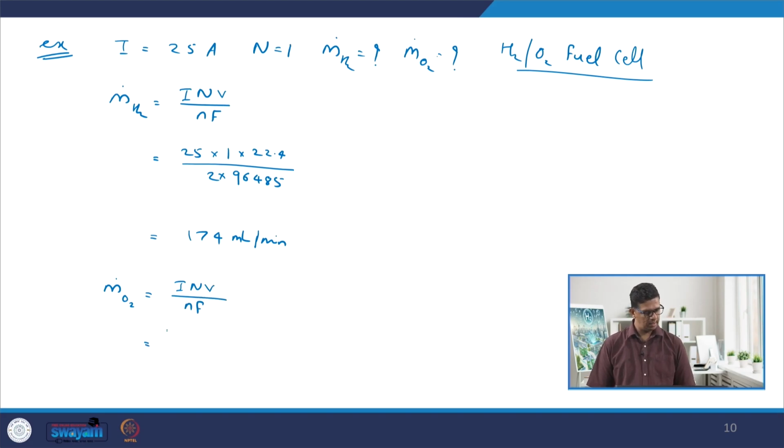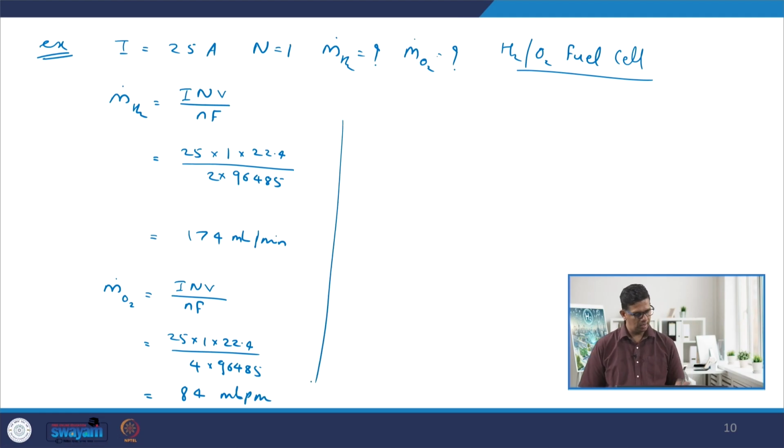However, in this case, what differentiates it from hydrogen is the number of moles of electrons involved. For oxygen, it will be 4, and Faraday's constant remains the same. So, it will be half of what we have just calculated, somewhere around 84 milliliters per minute.